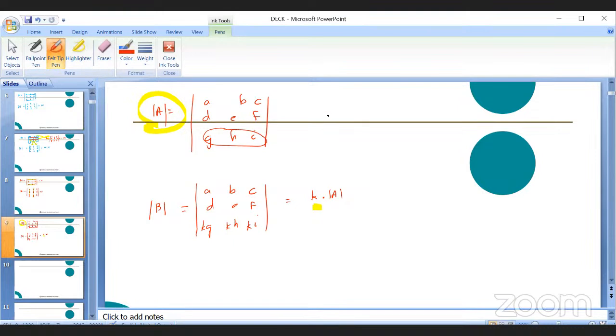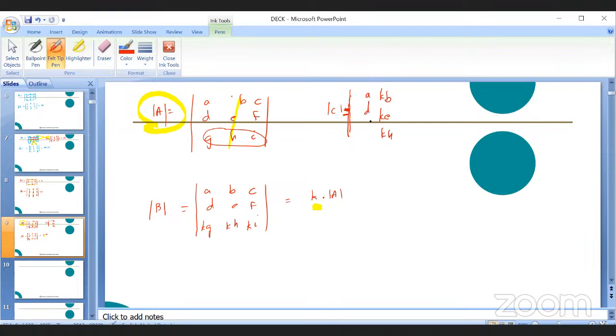Not only a row, even a column. Suppose I make a new determinant C. How to make it? Any row I can take. The second row I will multiply by k: kB, kE, kH.